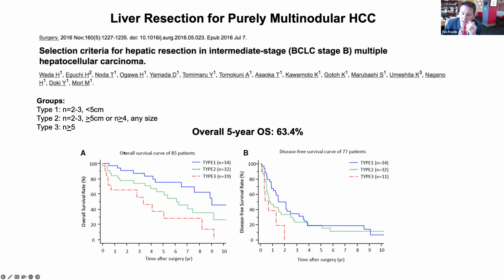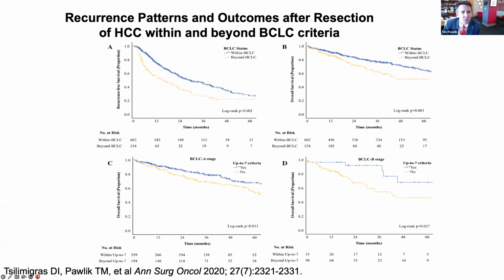So this study is interesting because it suggests that another way to potentially identify patients who may benefit the most from surgical resection is by identifying patients who have a lower overall tumor burden within the liver. And so you'll see that later on we began to incorporate that into our new tumor burden score. But other groups have come up with this idea of overall tumor burden. I'm sure you're familiar with the up to 7 criteria.